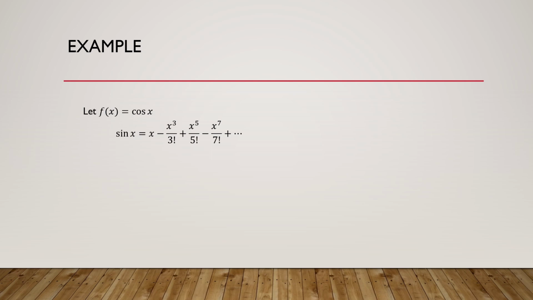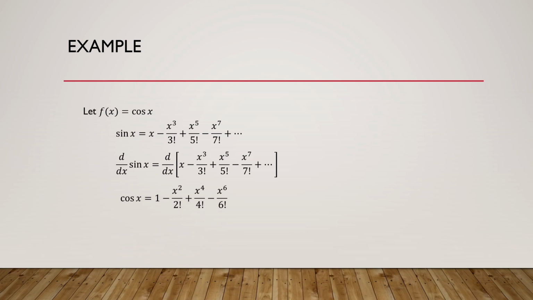Since the derivative of sine x is cosine of x, we will take the derivative of both sides of this equality to get cosine x is equal to 1 minus x squared over 2 factorial, plus x to the fourth over 4 factorial, minus x to the sixth over 6 factorial. Therefore, the series can be expressed as cosine of x equals the sum from k equals 0 to infinity of negative 1 to the k times x to the 2k over 2k factorial.